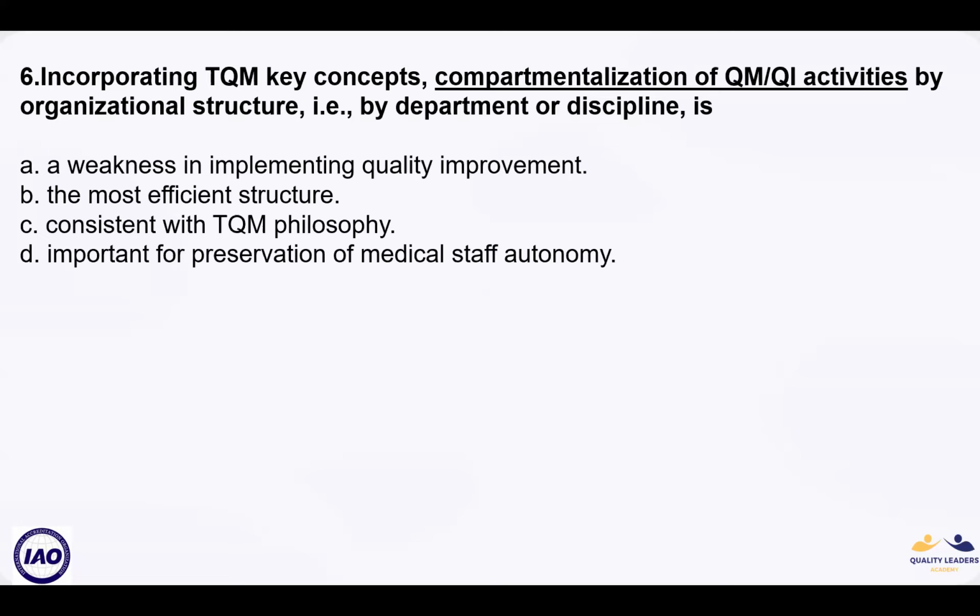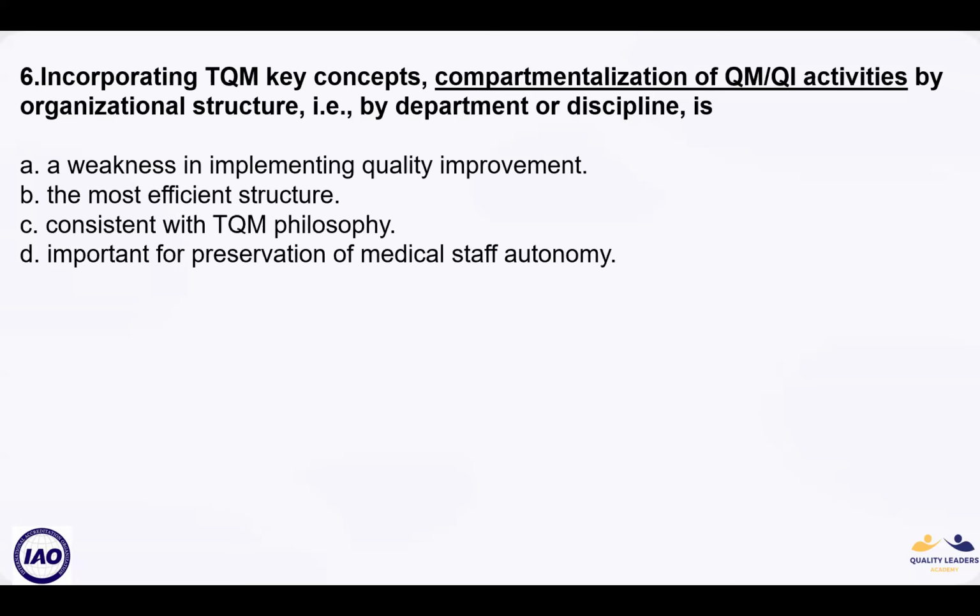Okay, so basically the question is asking, using TQM concepts, splitting the quality management or quality improvement activities by departments or by disciplines, in a way, it's a siloing of the department wise. Then what exactly is it? It's asking, as simply as, in TQM, what if we separate the quality efforts department wise, or if we separate everything, is it good or bad?